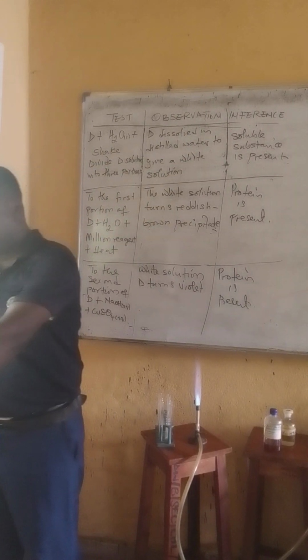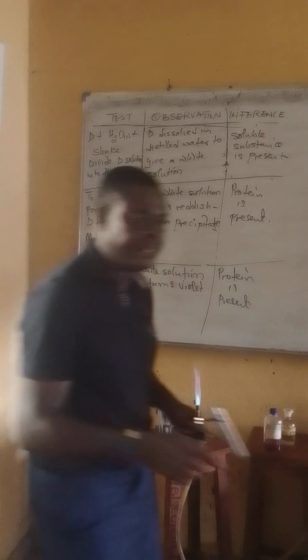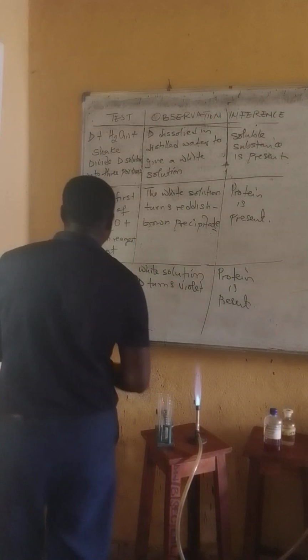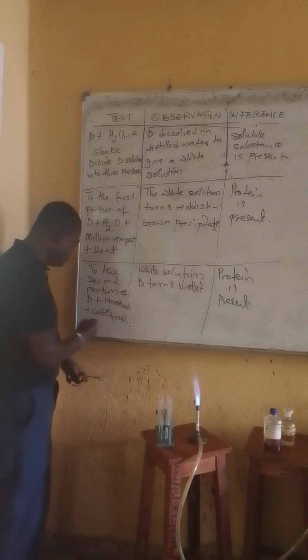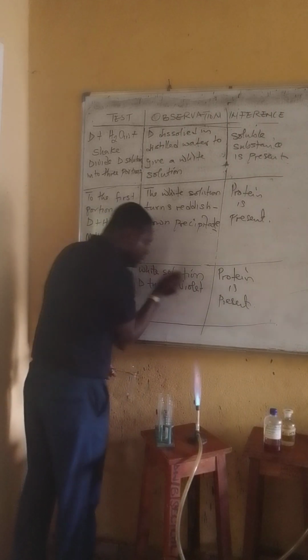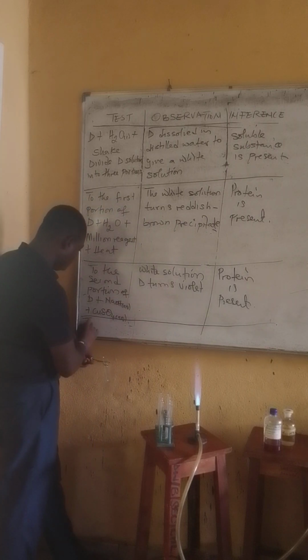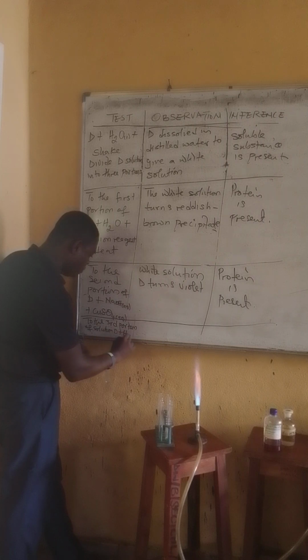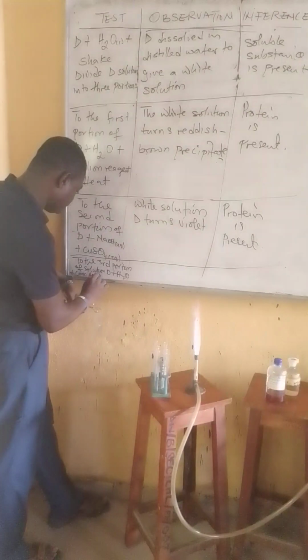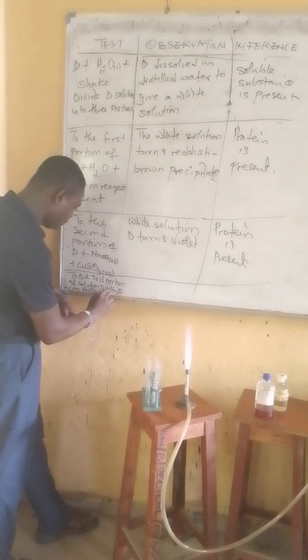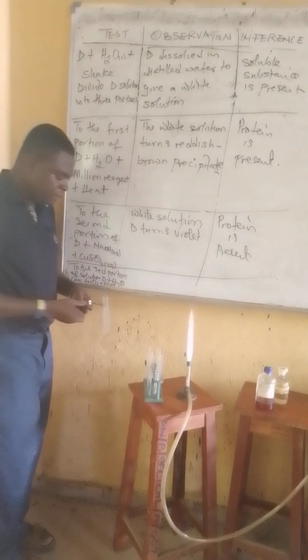So let's do the last test for protein, which is called the xanthoproteic test, using conc HNO3. Xanthoproteic test. So to the third portion of solution D plus H2O, add concentrated HNO3 plus heat.